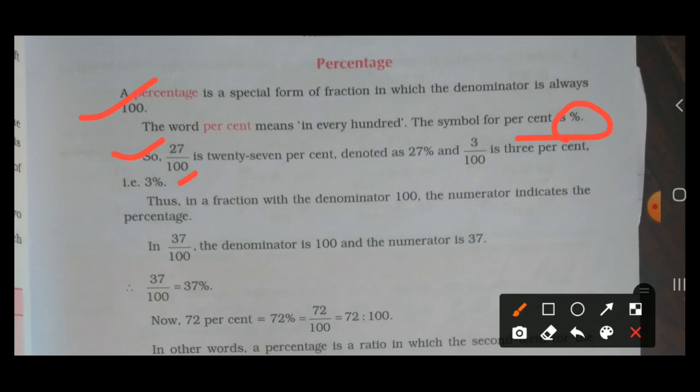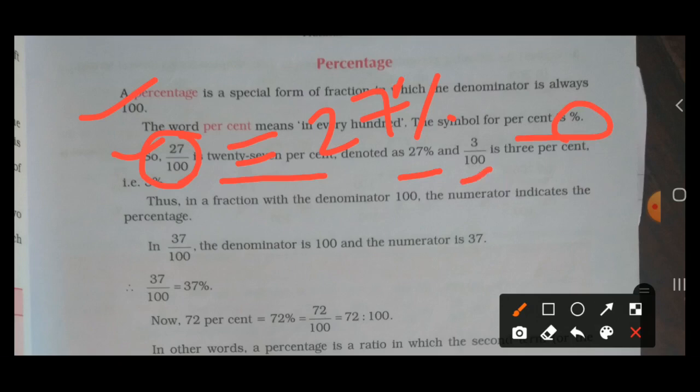We take the numerator, and this will be equal to 27%. 27 upon 100 in percentage form we write as 27%. With this sign, there is no need to put the 100 in the denominator. If we remove this percentage sign, then we put 100 in the denominator.